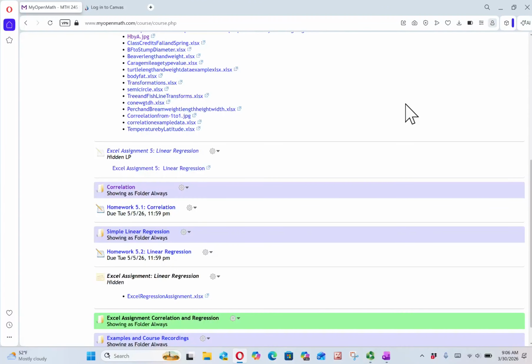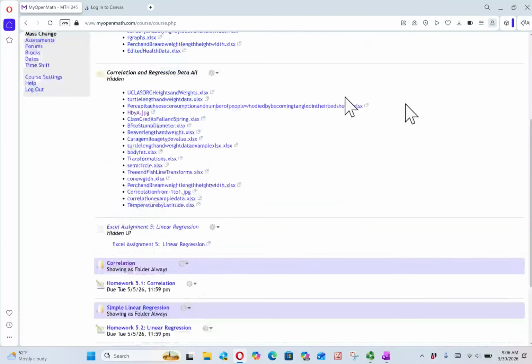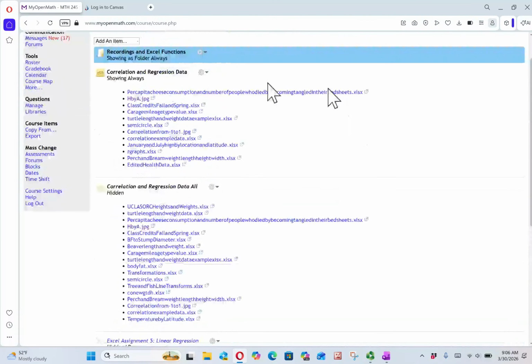We're doing correlation. This is what some of these things are used for. If you go to My Open Math, we want the credits, fall, and spring.